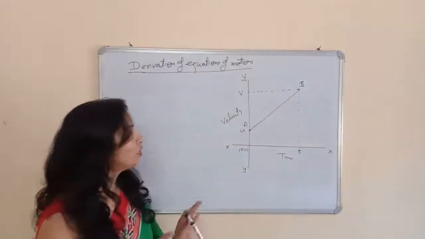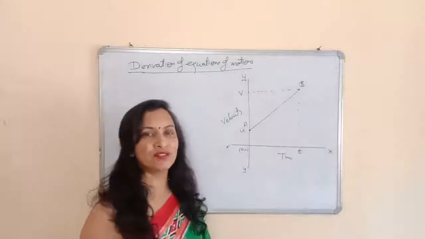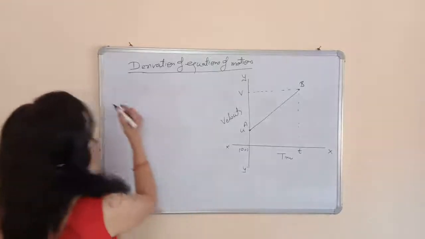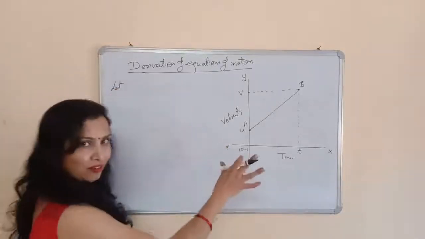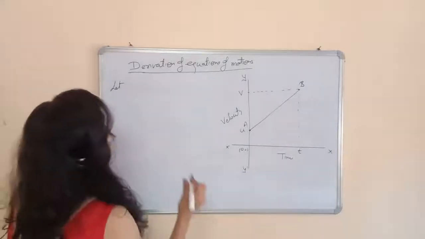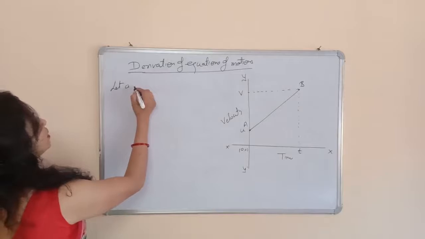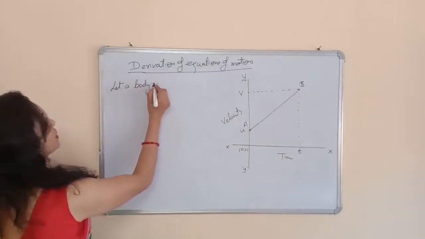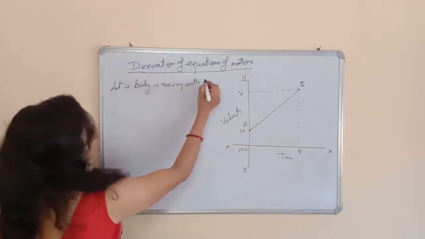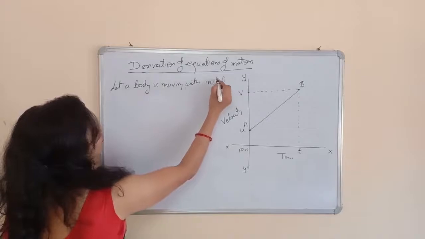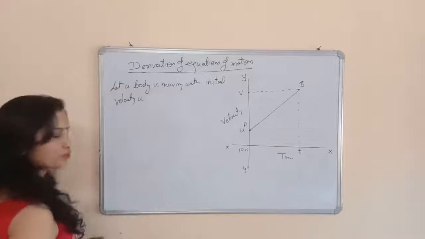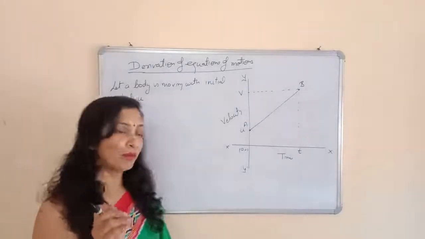All the physical quantities which we are using here should be written in a statement. So first of all you will draw the graph and write a statement about what is U, what is V and what is T. Let a body be moving with initial velocity U, and it has a uniform acceleration.